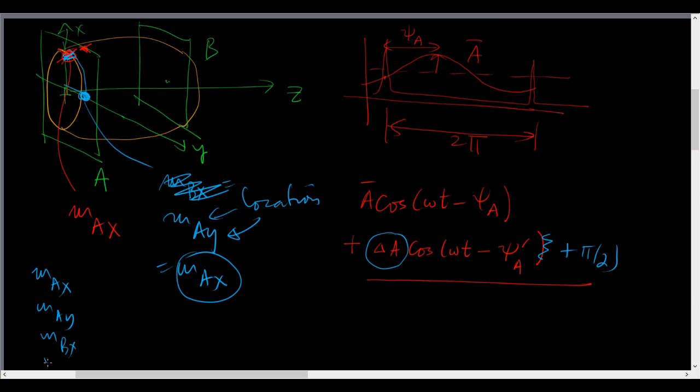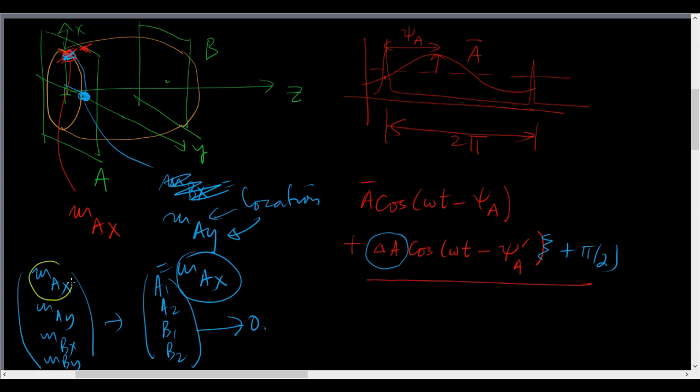Okay. In this way, what I had described before as MAX, MAY, MBX, MBY, determining a state of vibration, which is what I think I had called A1, A2, B1, B2, and then I want to make this 0. According to the Newton-Raphson strategy, I change this one and no change here, here and here.